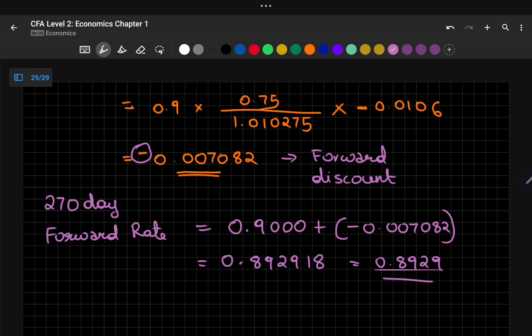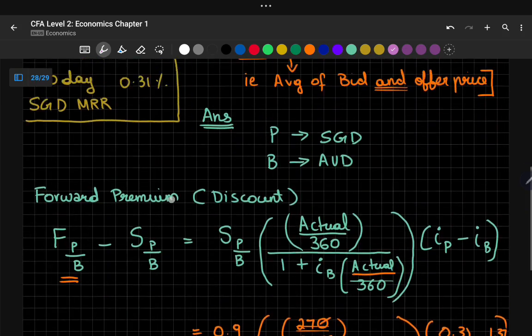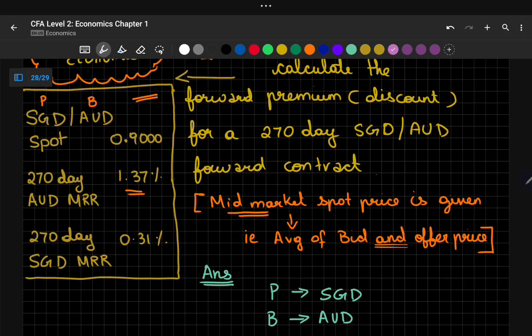So this would be the 270-day forward rate for the SGD to AUD currency pair.